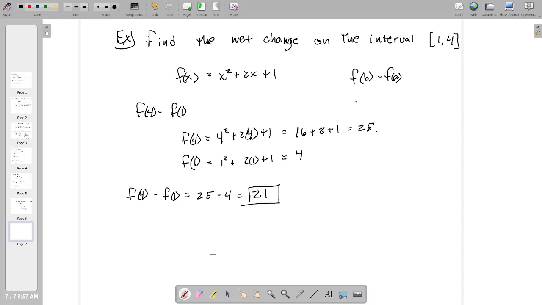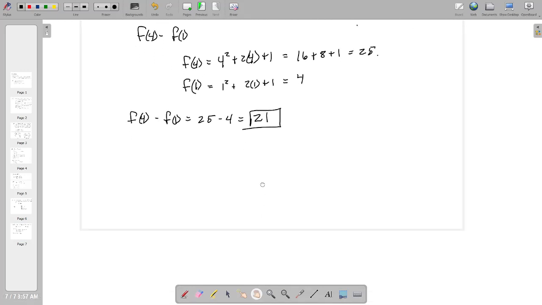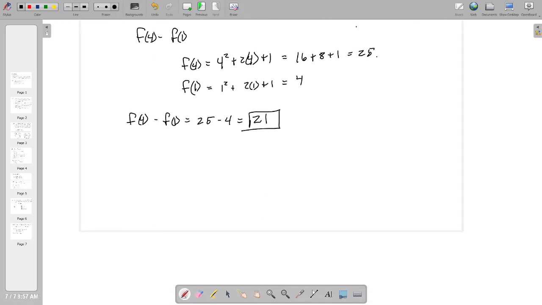I want to do one more example here before we get into the next topic. I think introducing this example is very important.